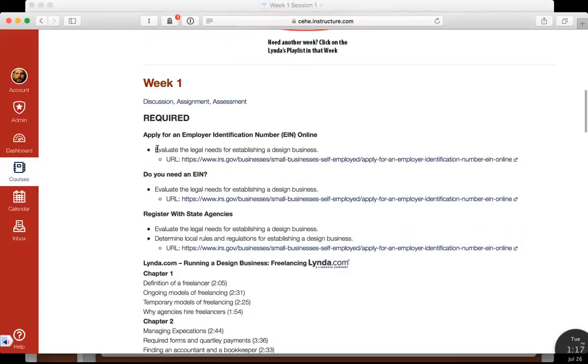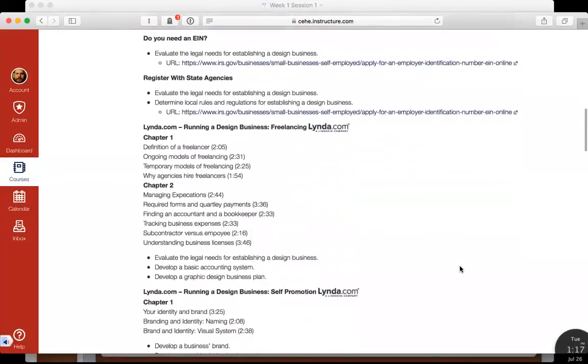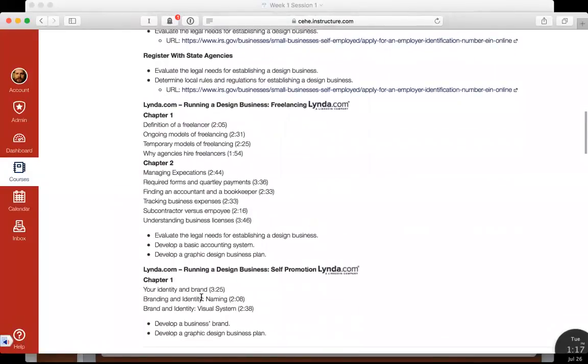For example, one of the learning objectives for this week is to evaluate the legal needs for establishing a design business, and this link helps you to do that. Same with the one underneath it, and the one underneath that, which also helps you determine local rules and regulations for establishing a design business. Then underneath that, it has the lynda.com information.